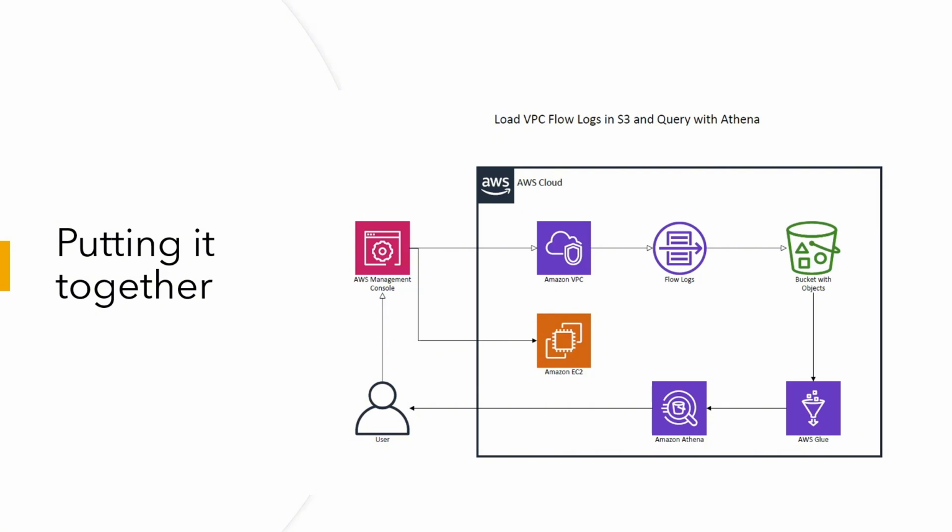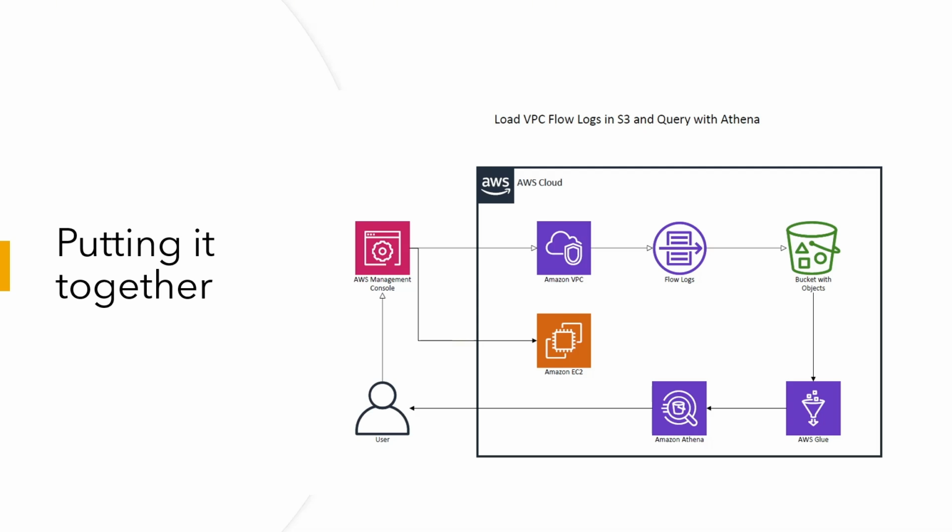So together, these components form a pipeline. The VPC and the VPC flow logs generate and capture the essential network activity data. And S3 safely stores the data while Glue structures and catalogs the data. Then Athena empowers us to interrogate this data in real time, enabling us to do some quick troubleshooting, to analyze the logs, and to perform optimization if that is necessary.